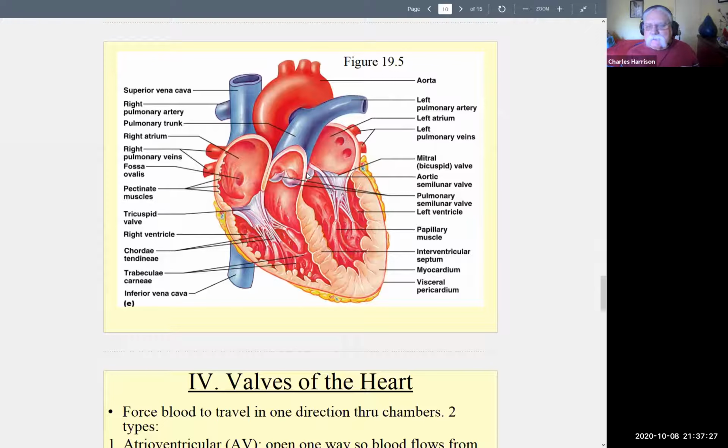In the aortic semilunar valve, 2 of the cusps have a small hole in their bottom. Okay, think of them as cups, coffee cups, rounded coffee cups. And you have 3 cusps to catch the blood, but 2 of them have small holes.